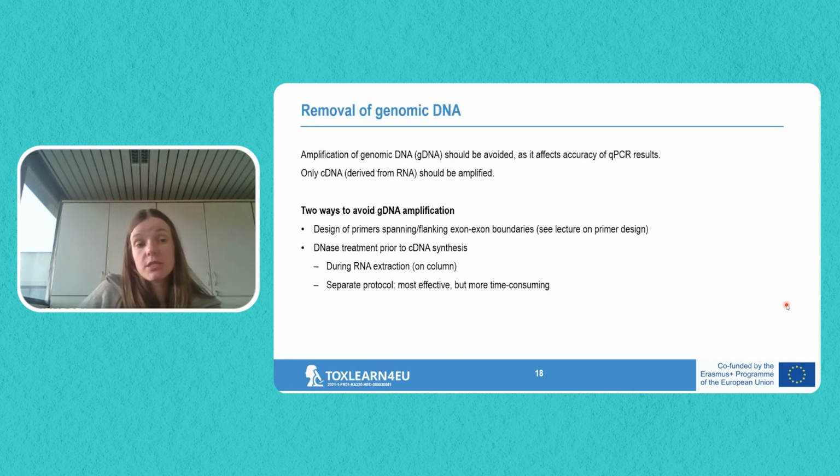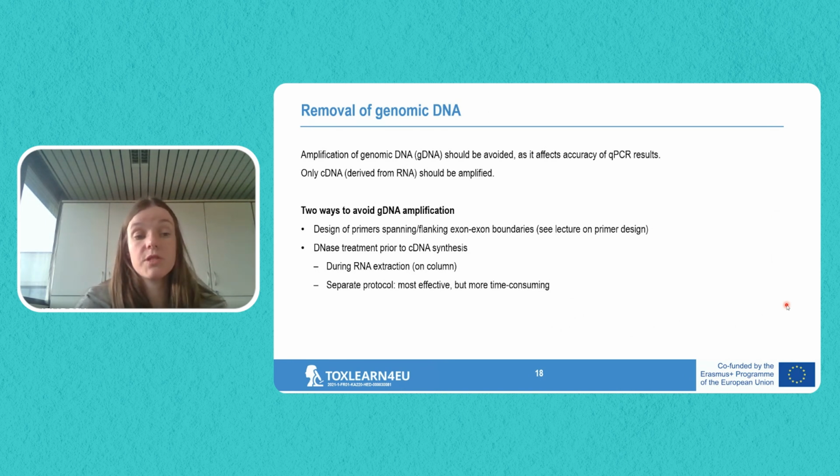So as I mentioned, with qPCR, we should avoid amplification of genomic DNA because this will affect the accuracy of our qPCR results. We're measuring gene expression levels, so this is specifically at the mRNA level. So we want to exclude that any genomic DNA is left in the samples, as this will affect our results.